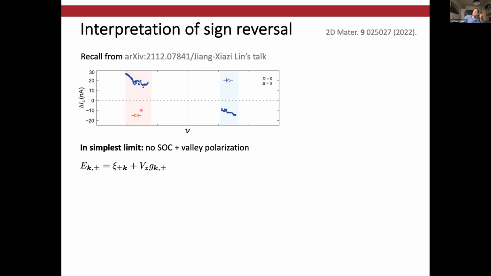Remember, the way we model the diode effect in these calculations is that there's a renormalized dispersion due to the valley imbalance. This dispersion involves the non-interacting band structure plus this valley polarization part. Bz is simply its strength, and G of k, eta, with this constraint due to time reversal symmetry, is the basis function, basically some matrix elements of the order parameter in the band basis.